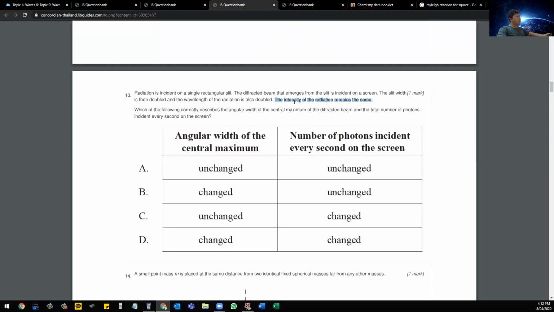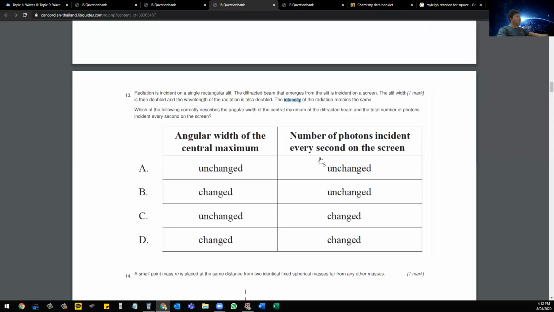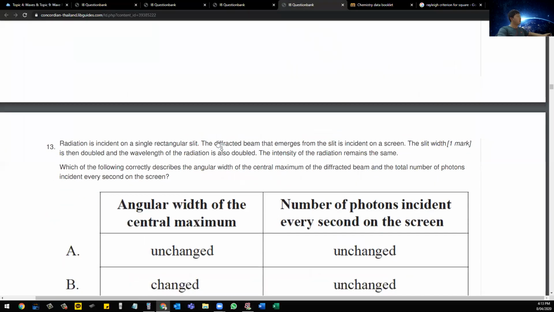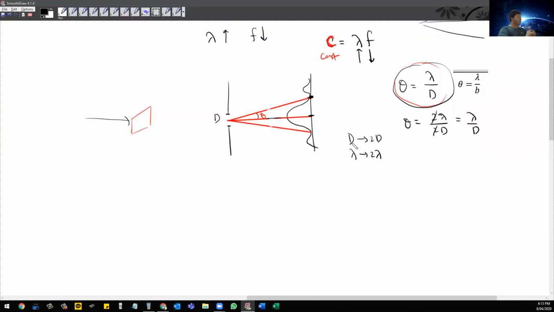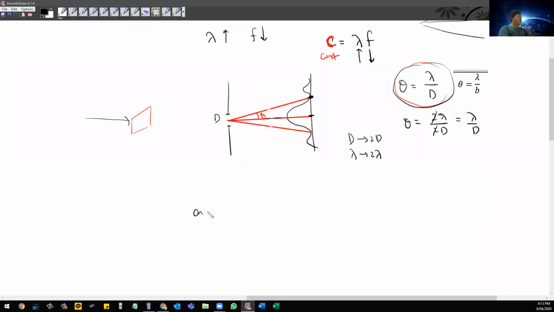But intensity is the amount of energy that is incident on the screen, so you might be tempted to go for unchanged. But I think the answer is C. Let's double check. The answer is C, that's right. So the reason for that is, the angle is unchanged. What about the number of photons?